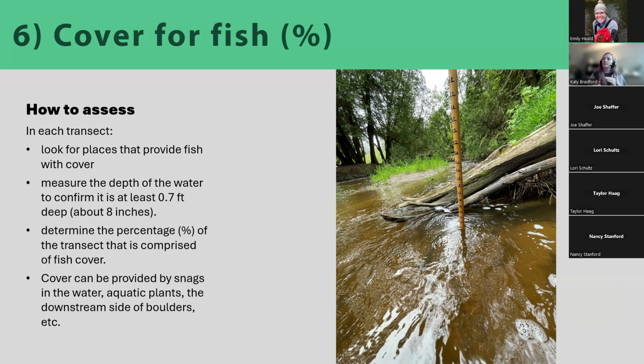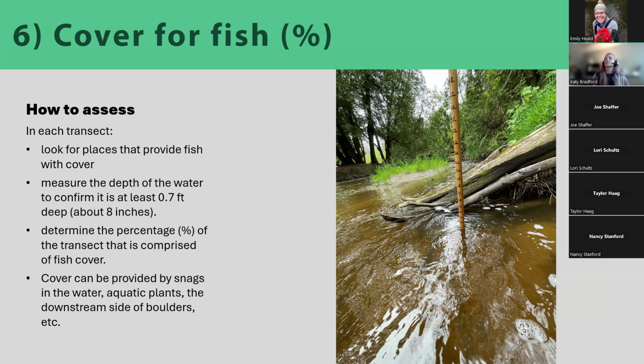That's a water depth that's good for our larger, more game fish. Of course, smaller minnows can hide in shallower water depths, but for our habitat assessment, this is the depth we're looking for.